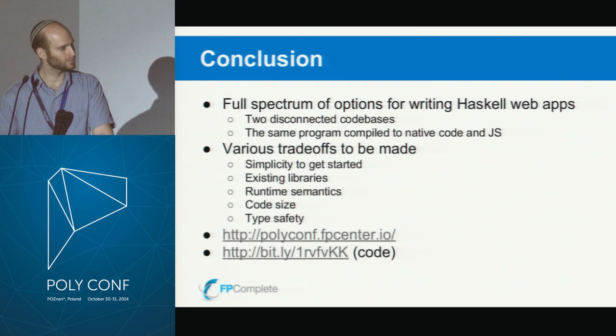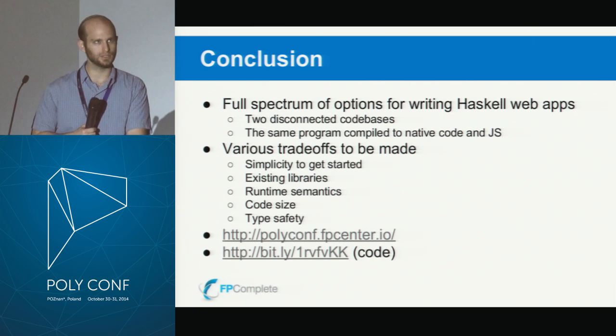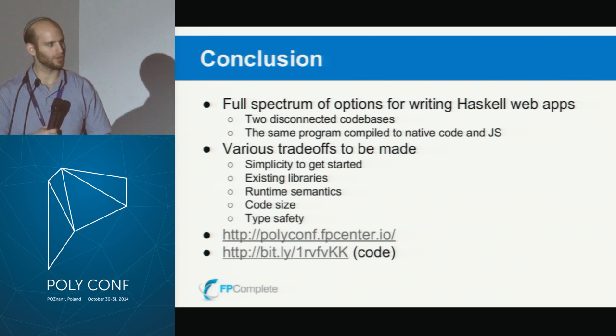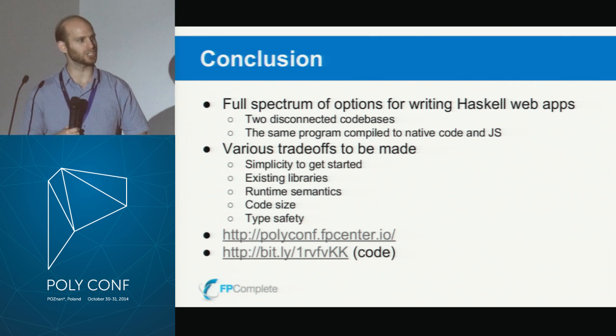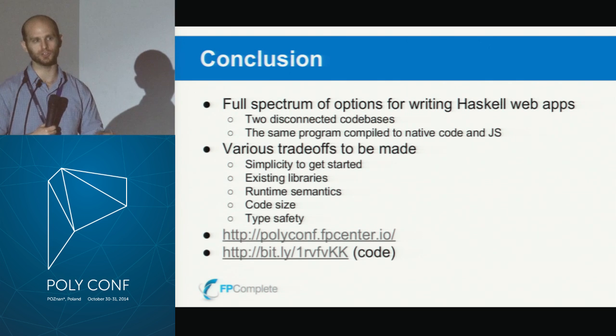Do you also build Cabal packages for GHC.js separately from the Cabal packages that you would use on the server? Yes, if I understand the question. So when you're using GHC.js, an explanation for everyone else: Cabal is the package manager that we use in Haskell.